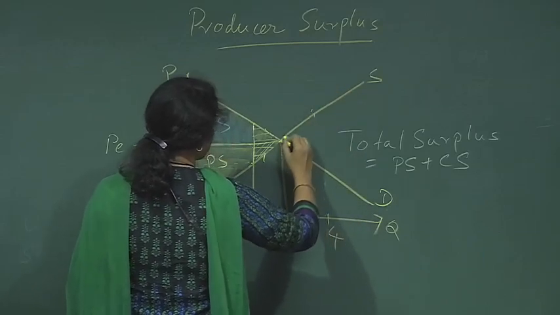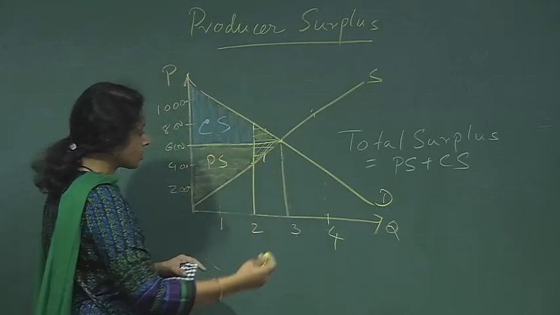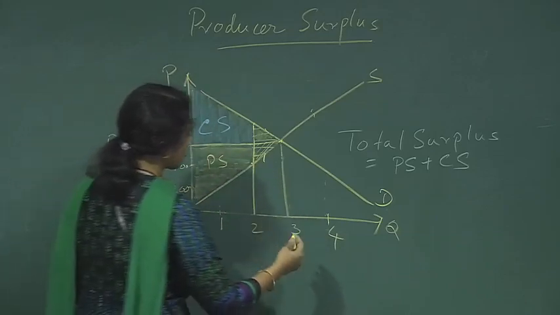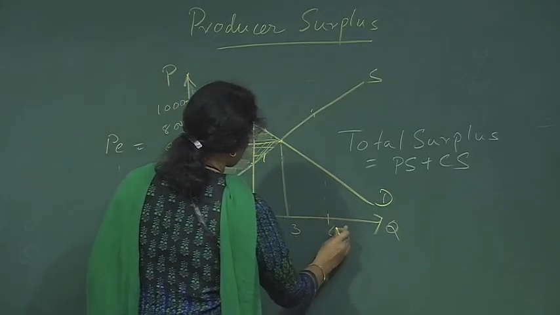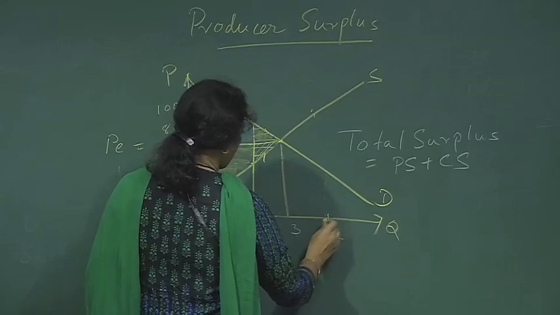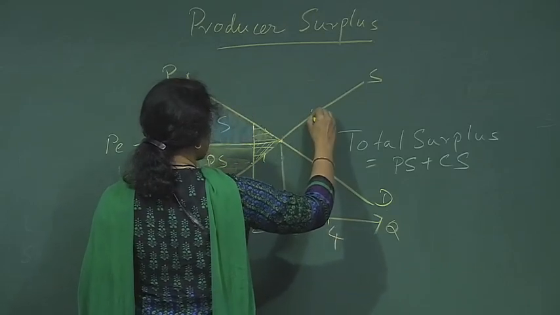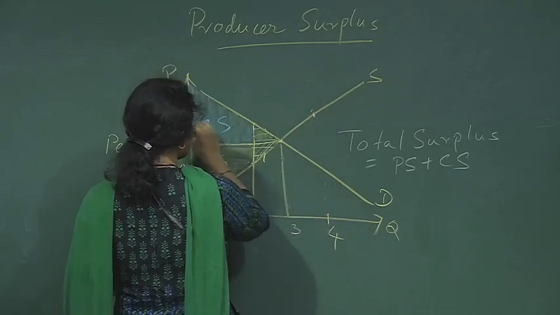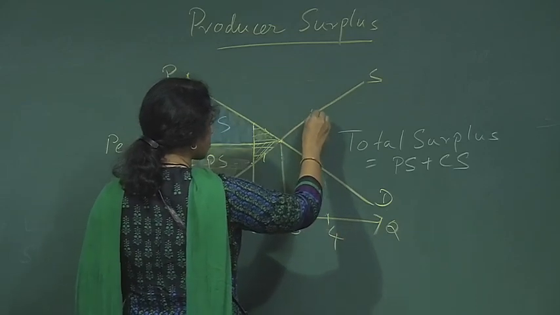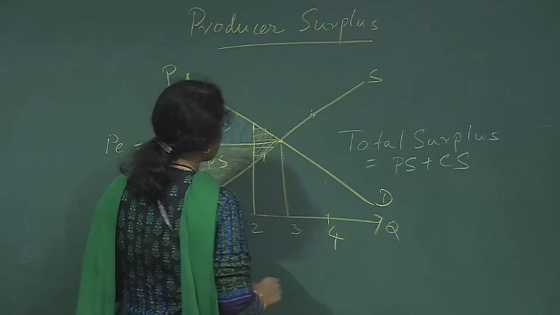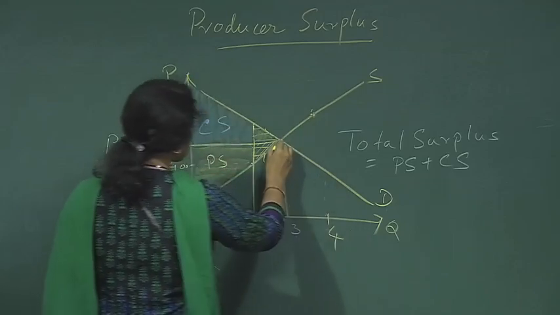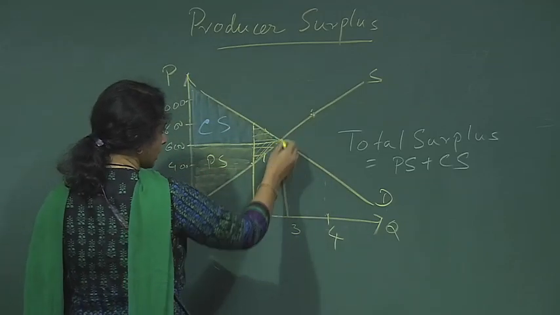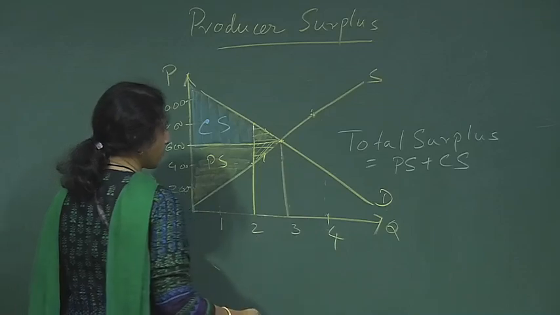Here the price that the supplier would like to charge is at this point, and there are no takers for this at this price. So, obviously they are going to reduce their production.